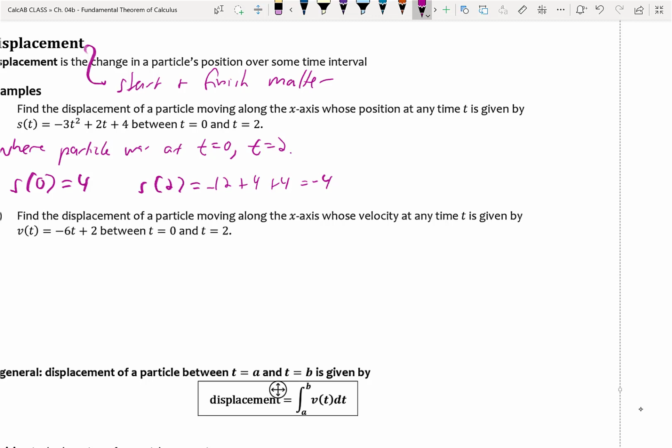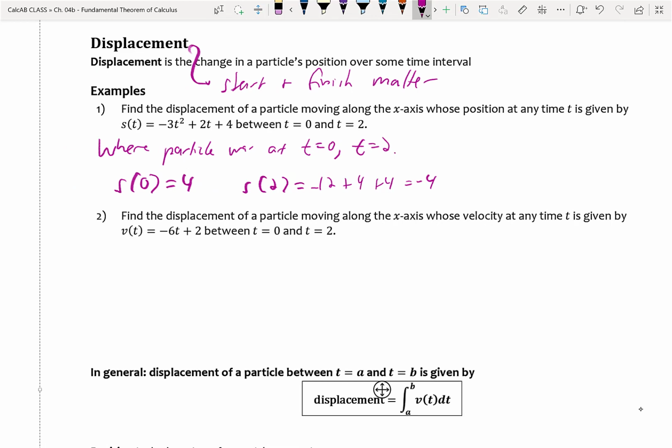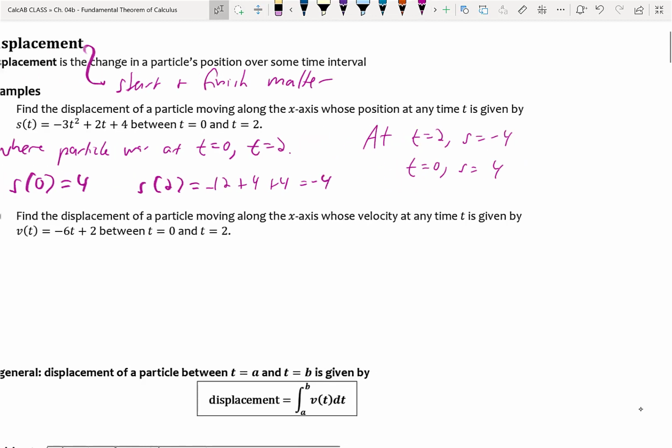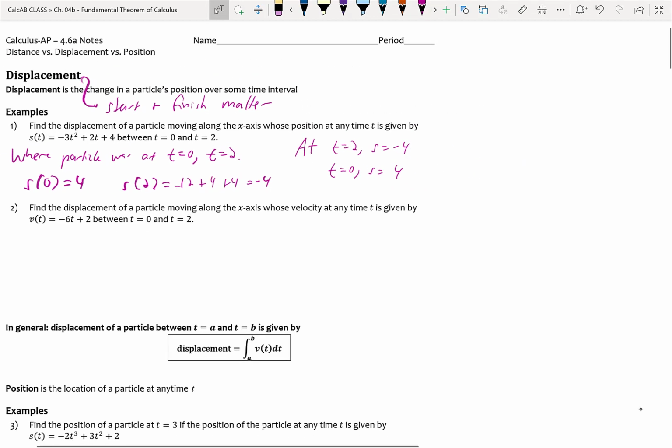Get well soon. Okay. Now, if I'm saying at t equals 2 my position is negative 4, and at t equals 0 my position is 4, then to get from the 4 to the negative 4, I moved negative 8 units.